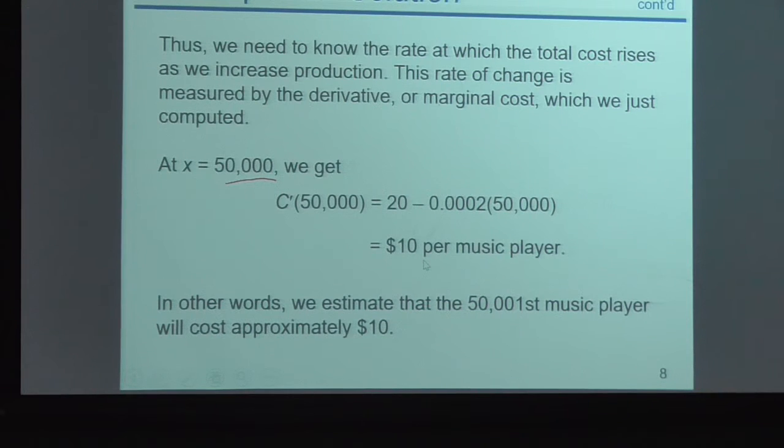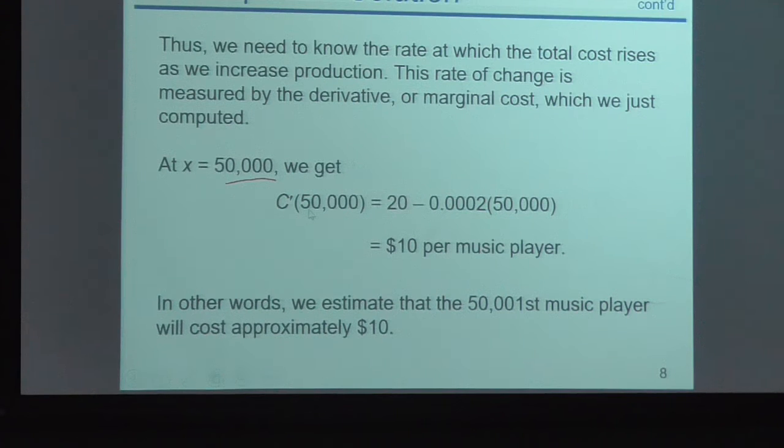In other words, we estimate that the 50,001st music player will cost approximately $10. We put 50,000 into the C prime function.